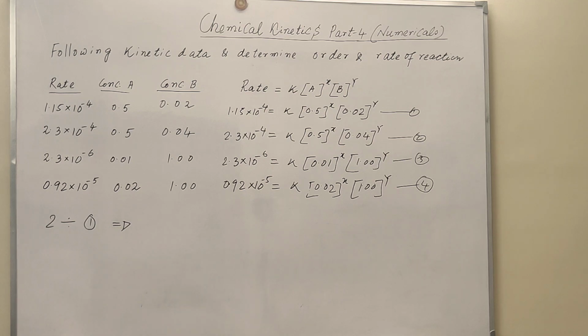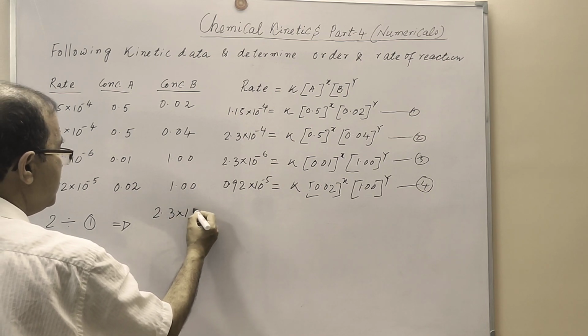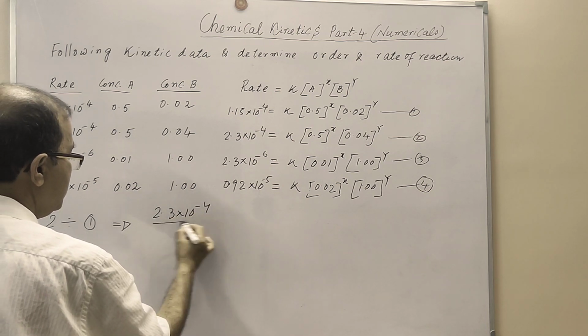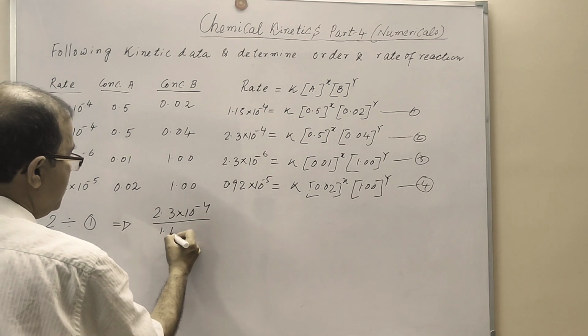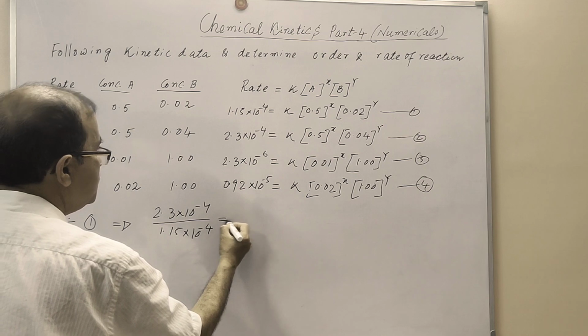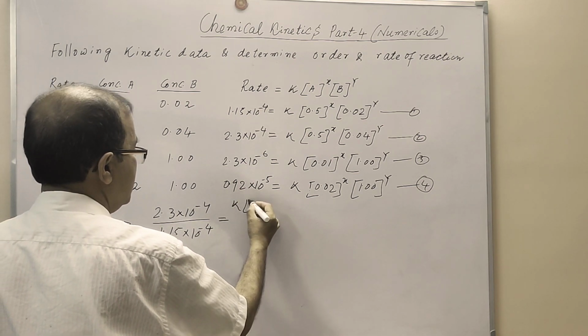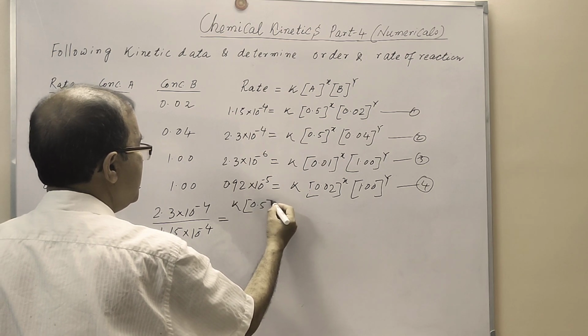Okay, now we are dividing 2 by 1. So what do we get? 2.3 into 10 to the power minus 4 divided by 1.15 into 10 to the power minus 4 is equal to, you can get k. We just put it very simply.